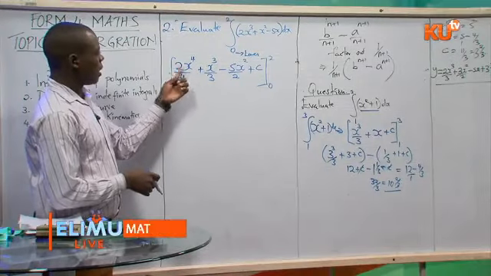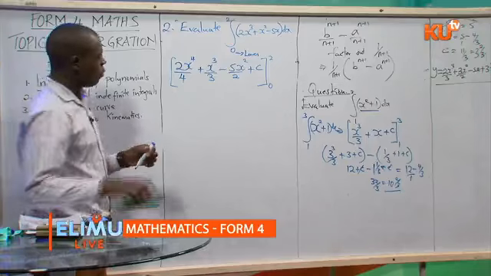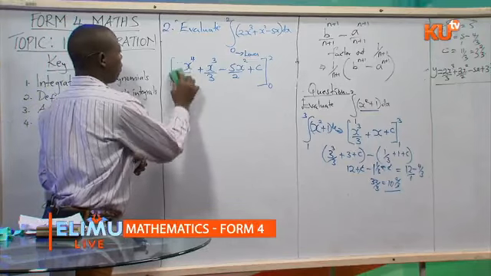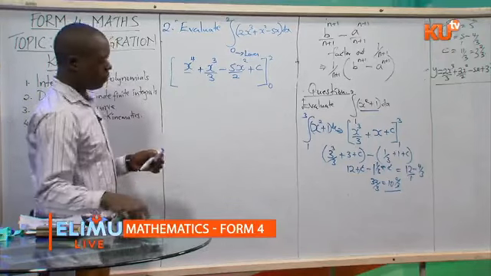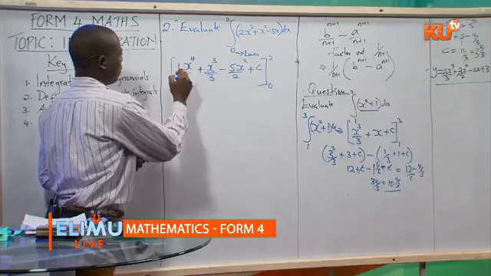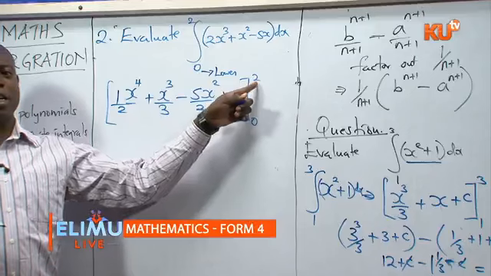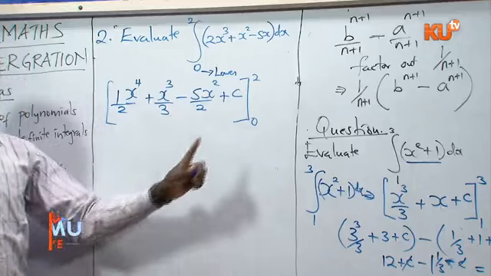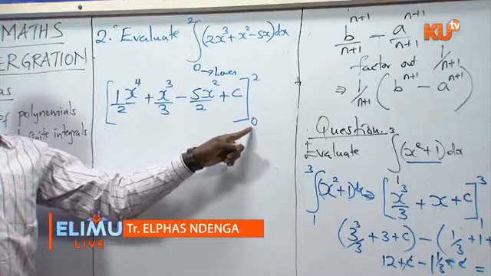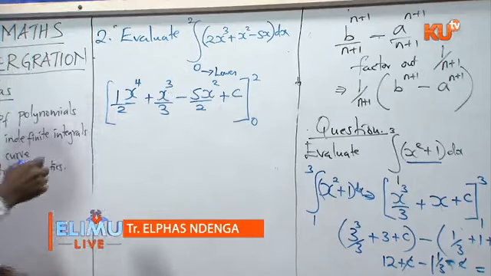If you simplify this, this is a half, because 2 over 4 will give us a half x power 4. We replace in the value of x equal to 2, then we subtract when x is 0. So let's start with 2.